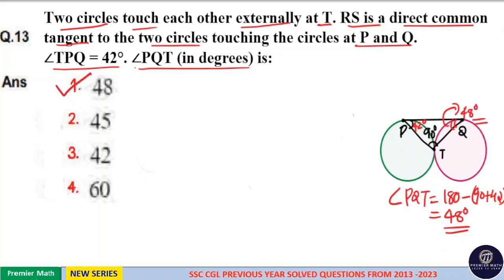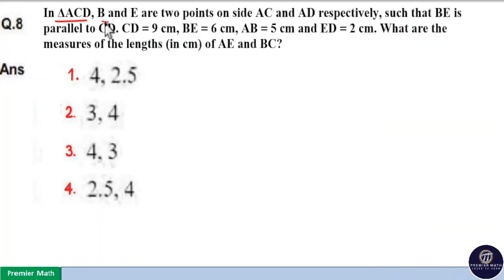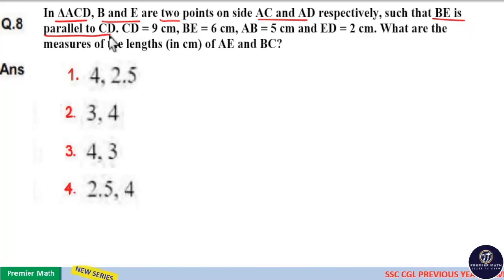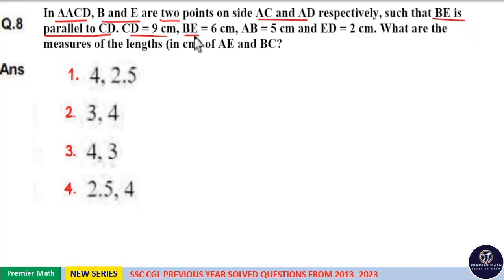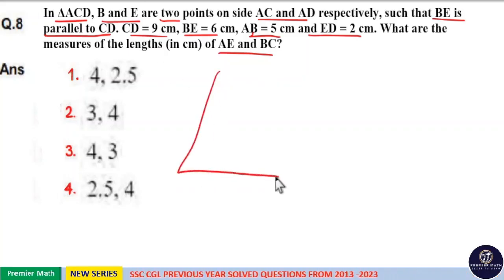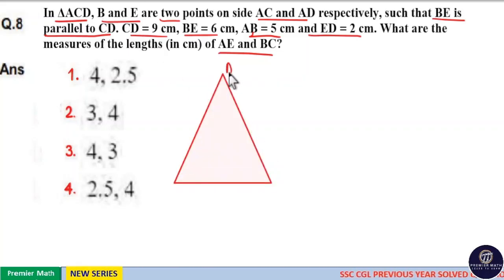Now option 1 is the answer. In triangle ACD, B and E are 2 points on sides AC and AD respectively such that BE is parallel to CD. CD is 9 cm, BE is 6, AB is 5 and ED is 2. What are the measures of length in centimeters of AE and BC? Here consider this as triangle ACD.